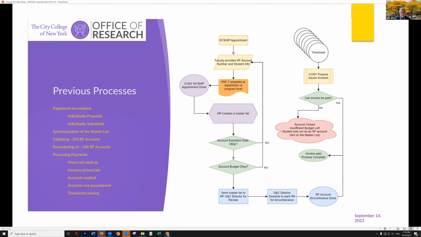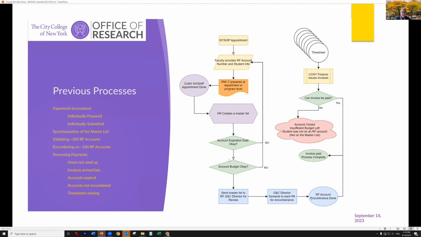That list will be sent to the provost office here. The staff will check if the RF account's expiration date is okay. Maybe some accounts expire before the semester, and then that will not be a valid account to encumber the cost against. They also check whether there is still budget in there, and whether that budget is allowed by the sponsor and so forth.